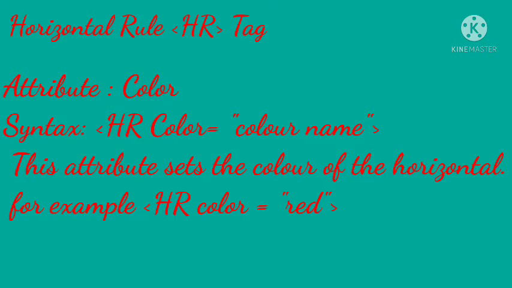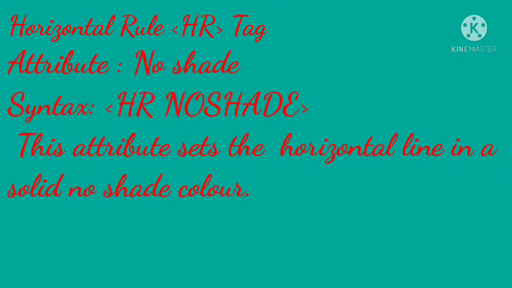For example, if we want to set the color of the horizontal line as red, then type HR color equal to red. The fifth and last attribute used in the HR tag is noshade, and it sets the horizontal line in a solid no shade color, and it does not contain any value. Its syntax is HR noshade.